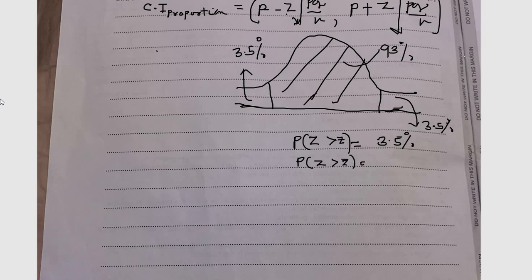If it's less than, we include the 93% confidence level plus 1 of the tail, 3.5%, that's 0.035.